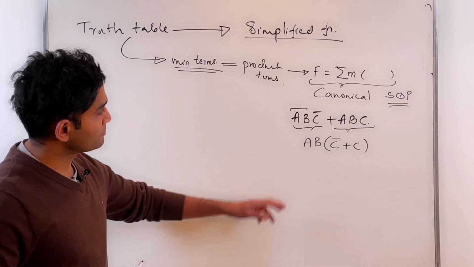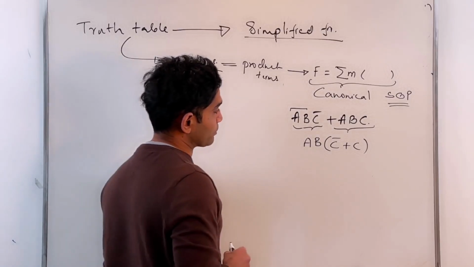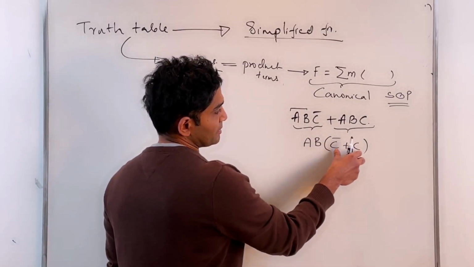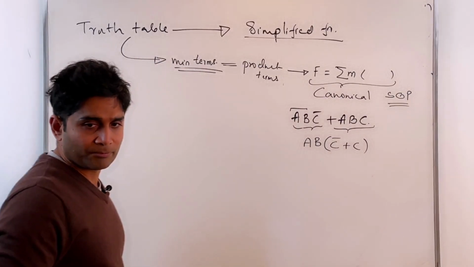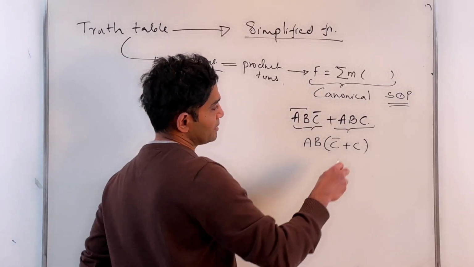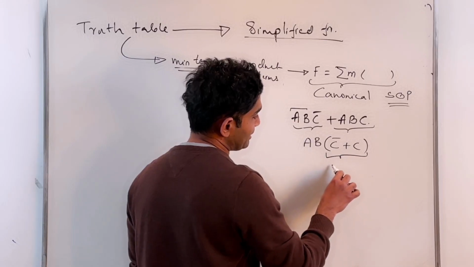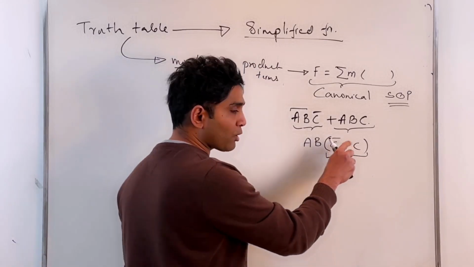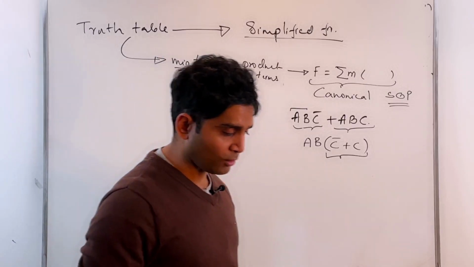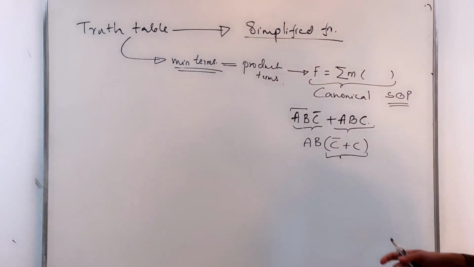Very similar to the arithmetic algebra that you're familiar with. You can take it as a common factor, and the ones that are changing obviously cannot be taken as a common factor. So now C plus C prime, we'll use an identity here. The plus operation is nothing but the OR operation, and a variable ORed with its complement is 1.